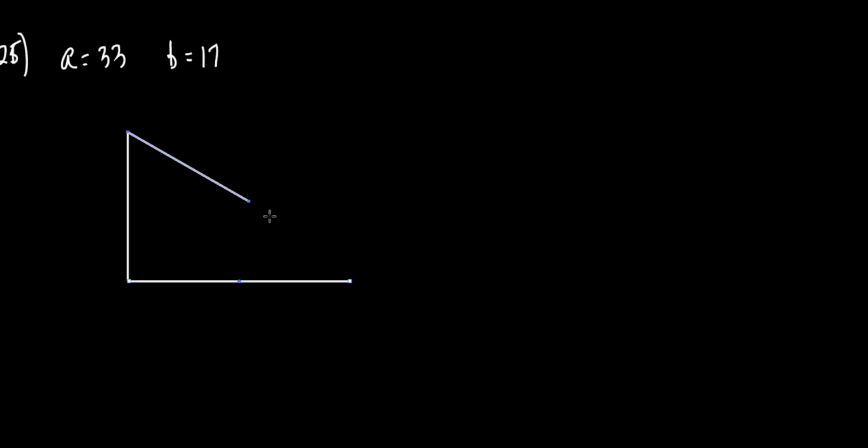Okay, so they tell you that little a is 33 and little b is 17. That's side A and that's side B. These are not angles. All right, so what I'm going to do is draw a right triangle. On the quiz, they don't draw you the triangle.